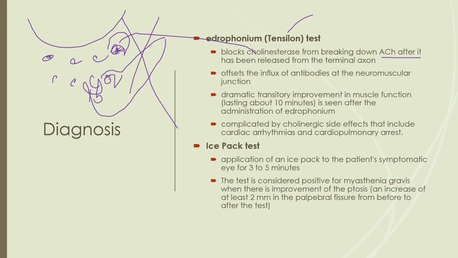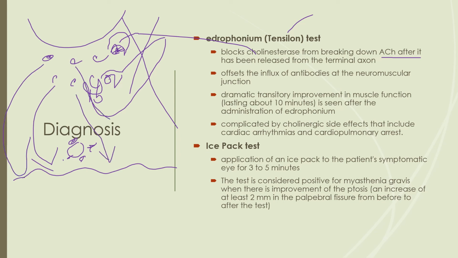Now remember, the condition here is that we have, here's the muscle tissue, and here's the IgG antibody that has those little dots on it that look like acetylcholine attached to it. So this means I have more ACh available for a longer period of time, so that way I can see if their muscle strength improves after I give them Tensilon, or this drug, right?